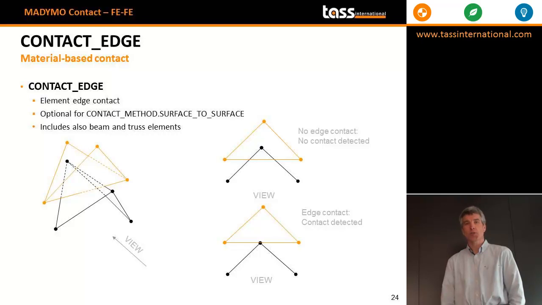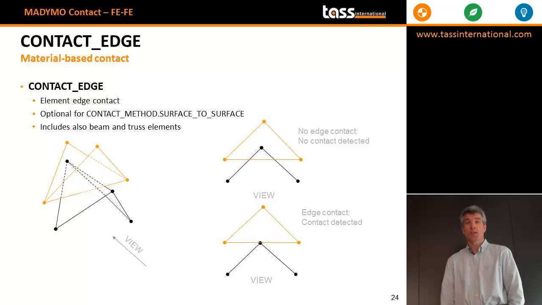In the top right picture, you will see that there is no contact experienced because the orange nodes are not making contact, for example, with the black surfaces. That's different if you have the edge contact. There the two edges are contacting, the orange and the black one, and there's no further penetration possible.